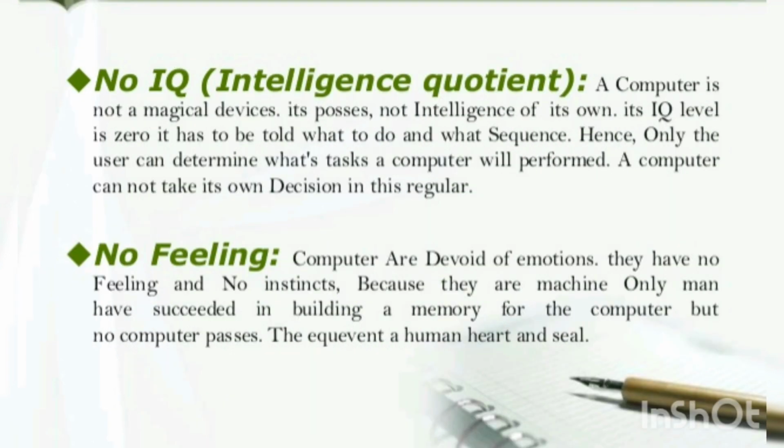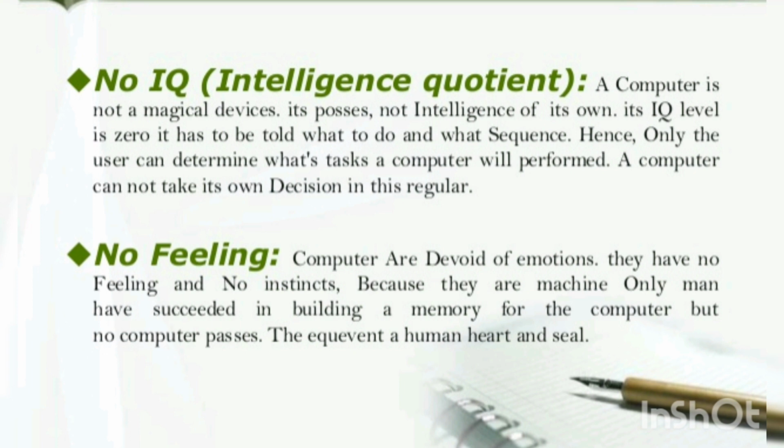The next characteristic of a computer is IQ. Here, the computer has no IQ. Actually, the IQ of the computer is 0, and it is not a magical device, because the computer is operated by human beings. Whatever is performed in the computer, the input is given only by the human, and then the computer processes it and gives the result.